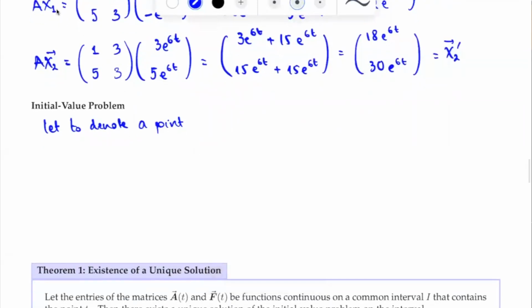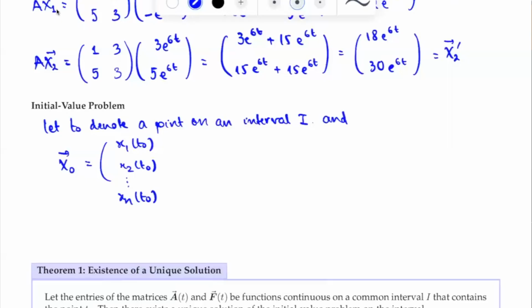All right, so let t sub 0 denote a point on an interval I. And this t sub 0 is called the initial point. And you have capital X sub 0 equal to x1(t0), x2(t0), up to xn(t0).